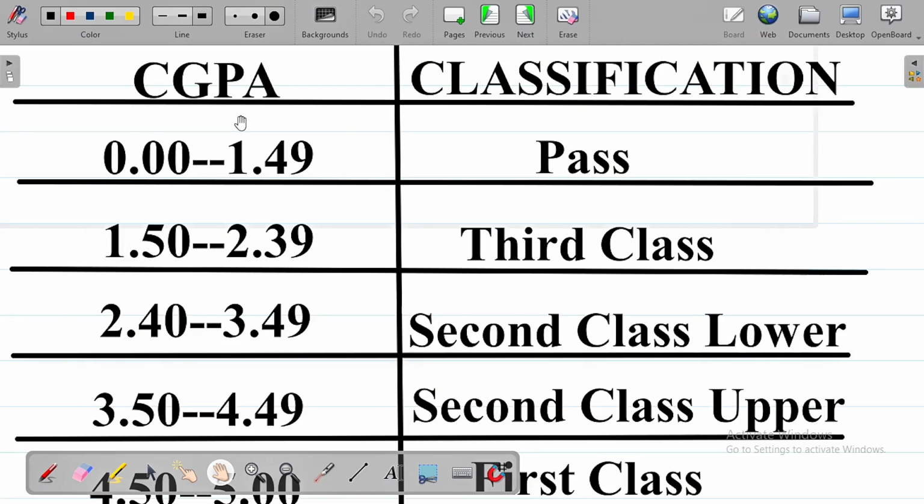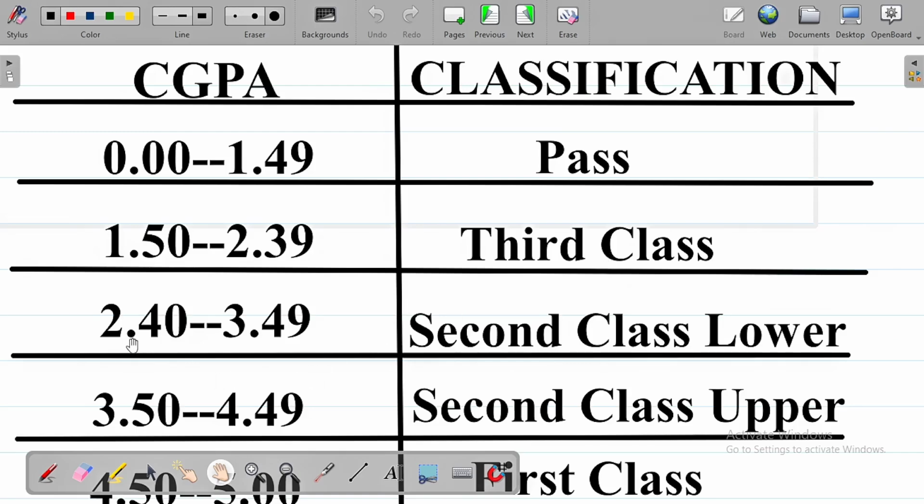All right, let's check this out. This is the CGPA classification. From 0.00 to 1.49 is pass. If your CGPA falls within 1.50 to 2.39, you are on third class.